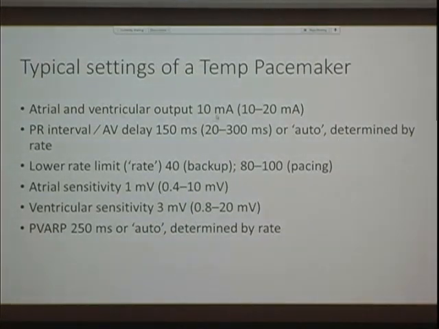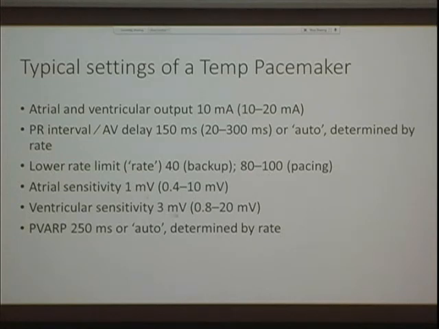Atrial and ventricular outputs, 10 mA. I would not go below 10. PR interval nominally comes at 150. If you do not want it to pace in the ventricle, you can extend it up to 250. Lower rate limit, if it's a backup pacemaker, generally 40. Post-op, generally set at 80.